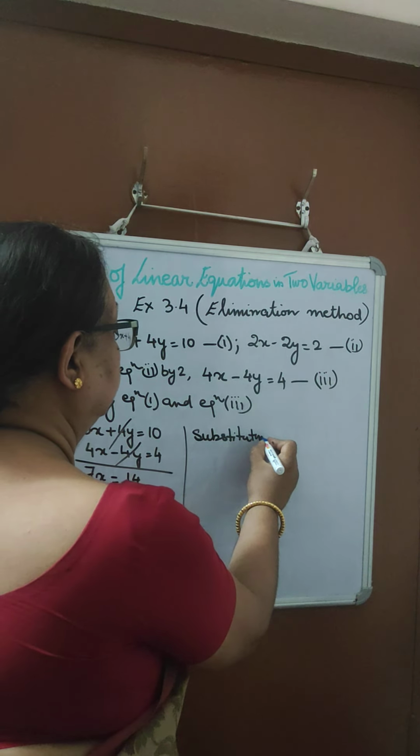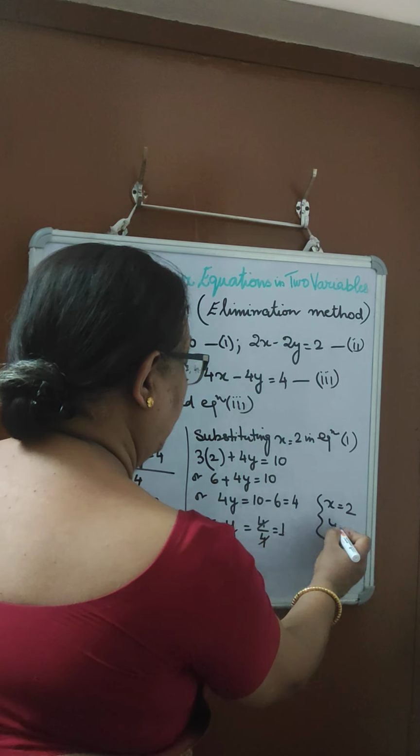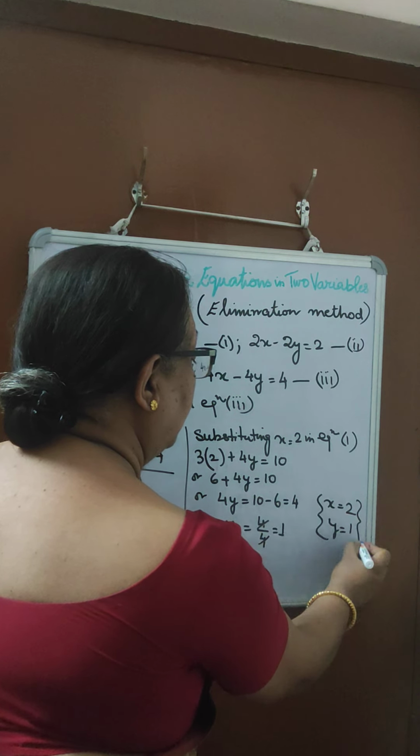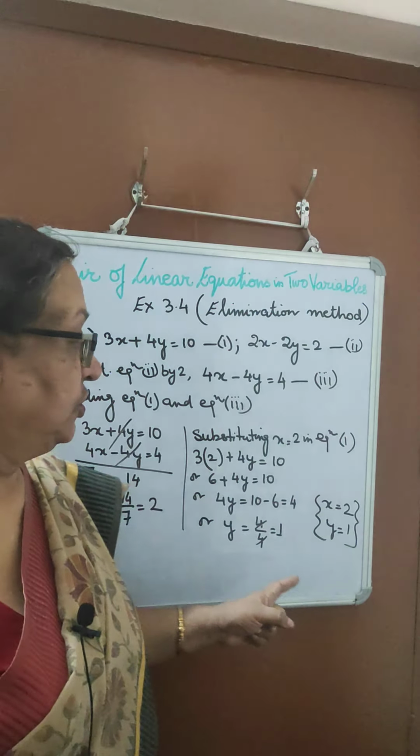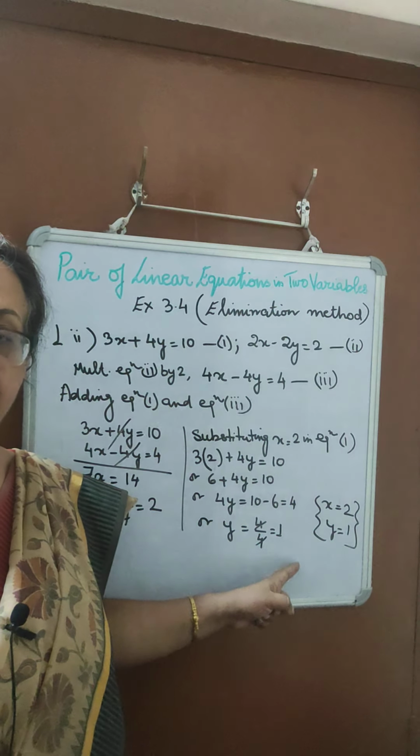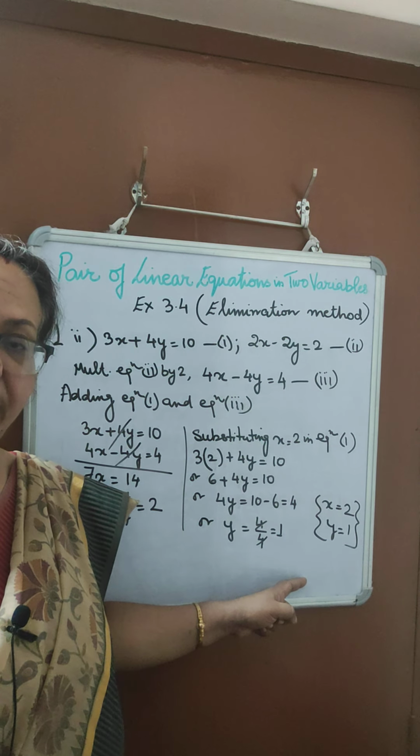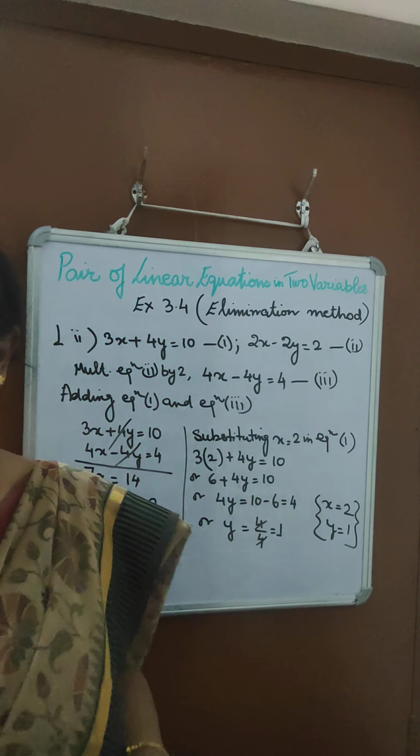So you get the answer, x equal to 2, y equal to 1. Okay, so this we have done by elimination method. Understood, children? Okay, come on, let's see another sum.